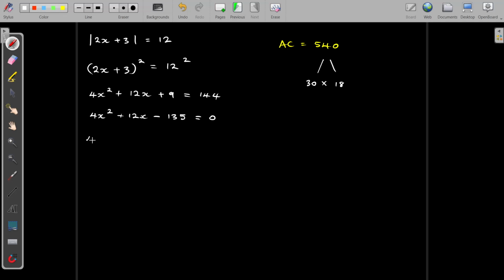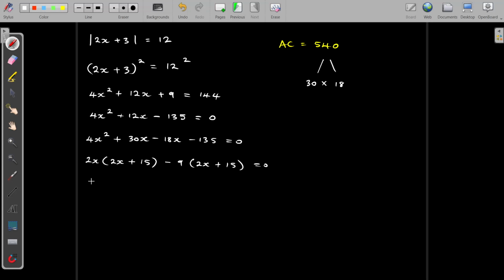So that means we are looking at 4x squared plus 30x minus 18x minus 135 is equal to 0. Factor out 2x, we're left with 2x plus 15. We factor out negative 9, we're left with 2x plus 15.